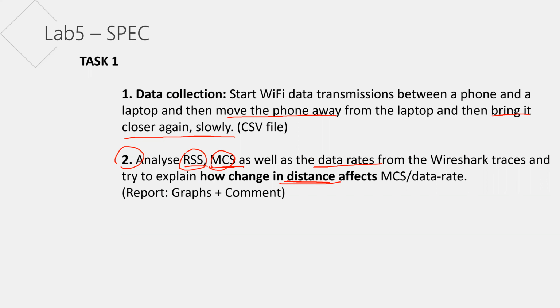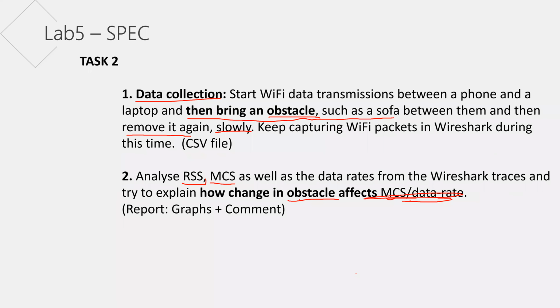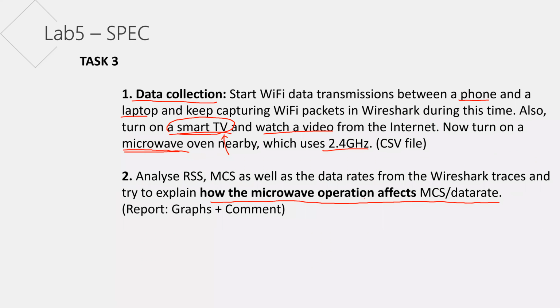For the first task, we compare how different distances affect the MCS and data rate, right? In the second one, we see how obstacles affect the data rate. And in the third one, we look at how other appliances such as a microwave affect the data rate.